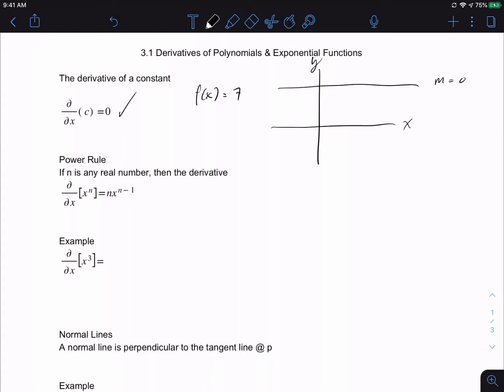Okay? The next one that we're going to talk about is the power rule, and it's pretty sweet. The power rule tells us that if we have something to some power, as long as it's a real number, typically our powers are integers, but if it's not, it doesn't matter, we still do the same thing. We take that power, put it in front as a coefficient, and then subtract 1 from the power, and that will give us our new power.